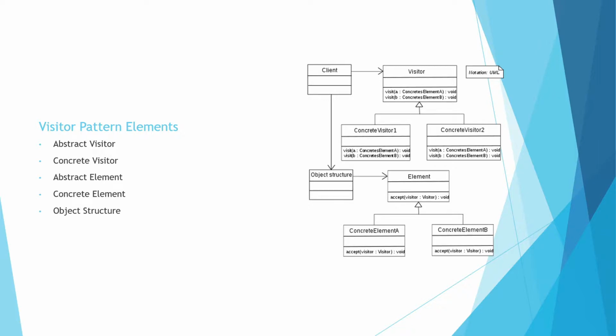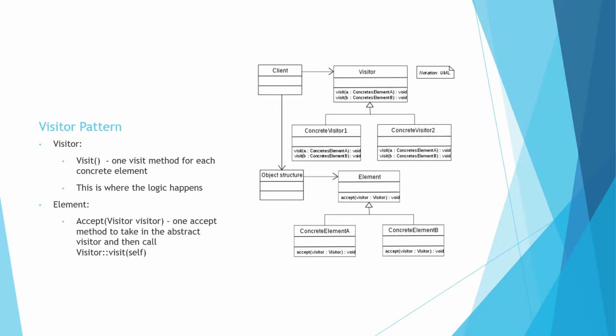The concrete elements that you actually care about, and then the overall object structure, which might be its own class. It might be a list. It could also be a tree. And in the example that I provide, we actually use the visitor to traverse a tree structure in which each element has children elements.